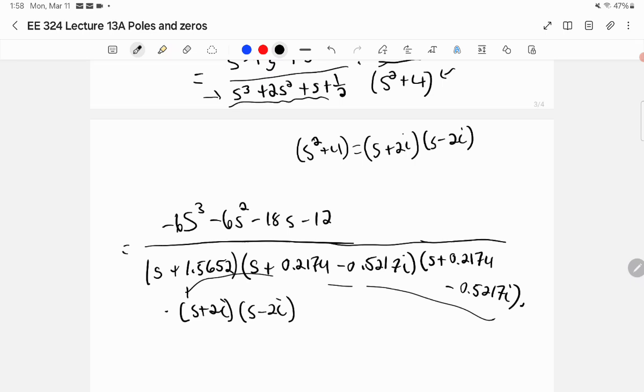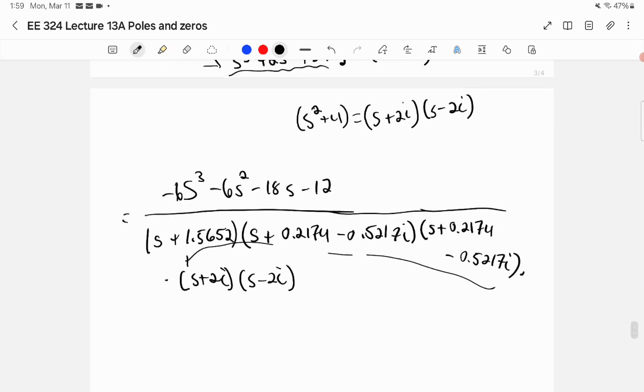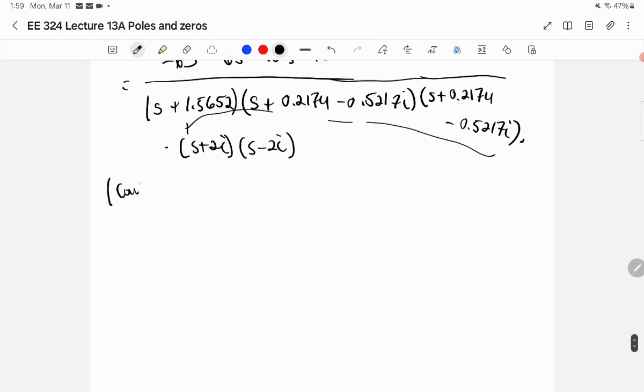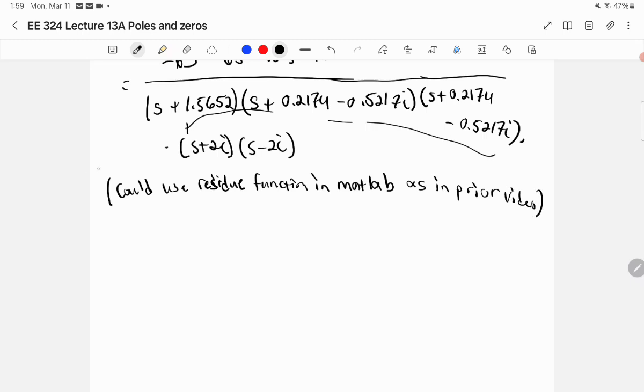But if we look at these terms immediately, you should be able to peel apart, well, we have an exponential. I'm not going to solve out the whole thing using partial fraction decomposition, but you can. Residue in MATLAB, I showed that in a prior video, so that we could solve this.